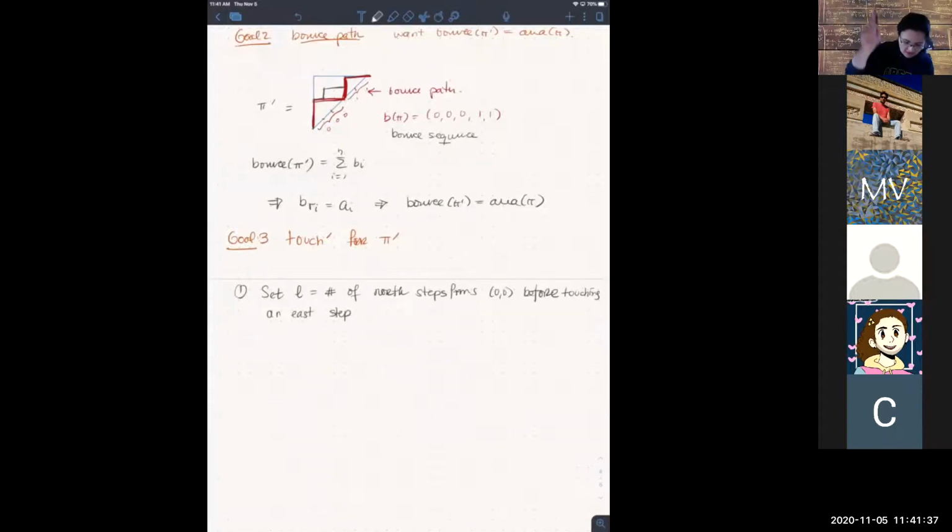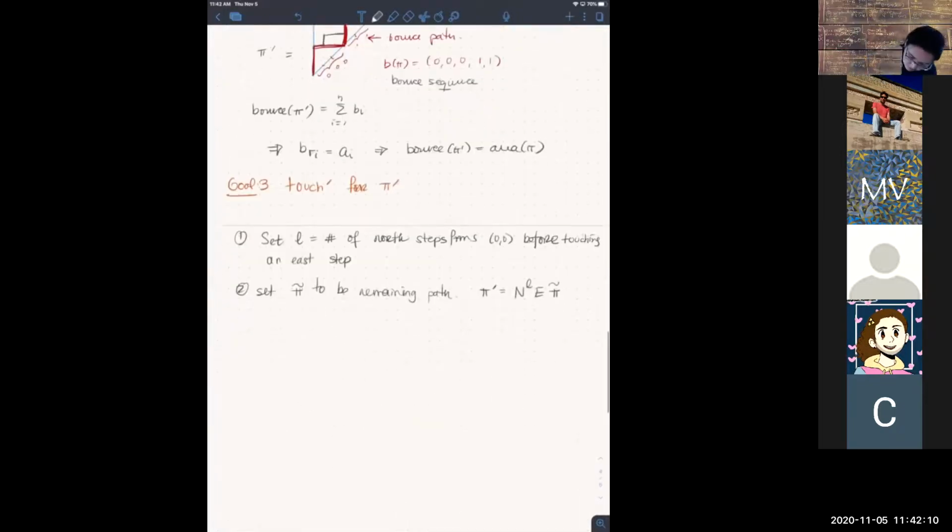So it's basically how many steps do you go north before you turn east? And then the second thing we're going to do is we're going to set pi tilde to be the remaining path. So pi prime is going to be, you apply L north steps, then you go east, and then you have pi tilde, which is the leftover.